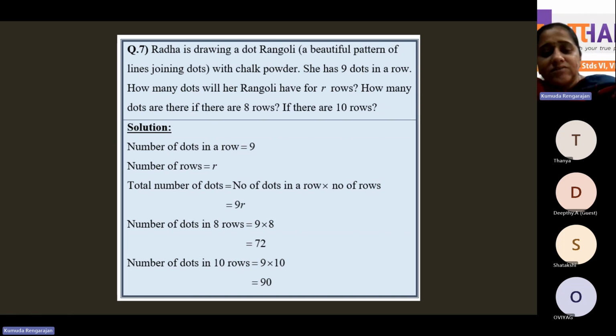Yeah, just read this slide. Read the answer in the slide for yourself. I understood the solution.